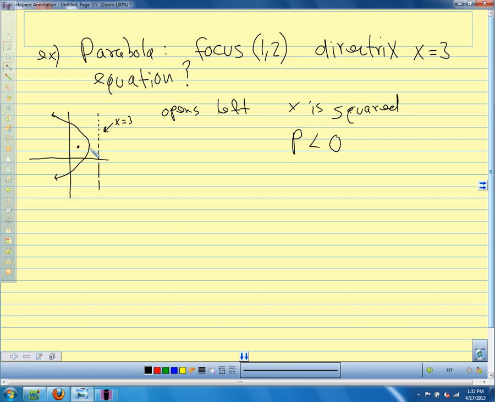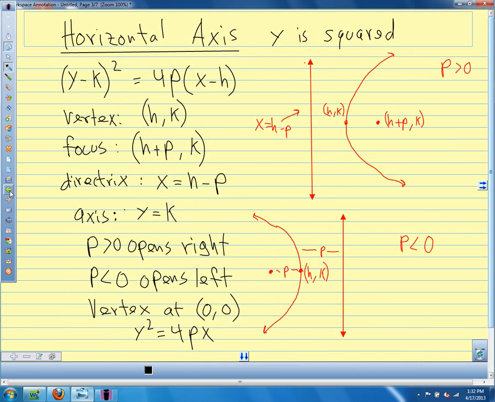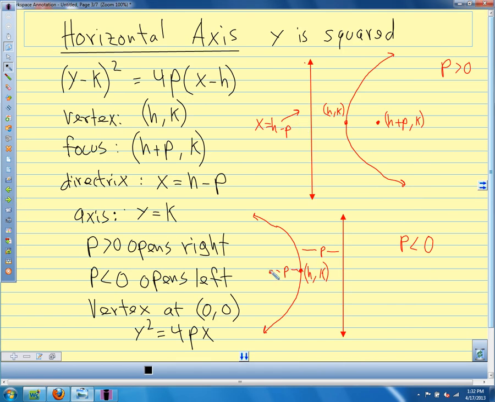For a parabola, the vertex, if we look back at what we said about our definition, let's look back, and we'll look at the one here. It's p units from the vertex to the focus, and it's p units from the vertex to the directrix. The vertex is halfway between the focus and the directrix.